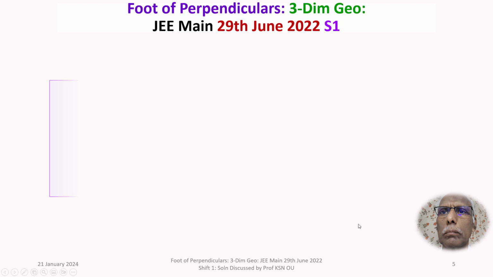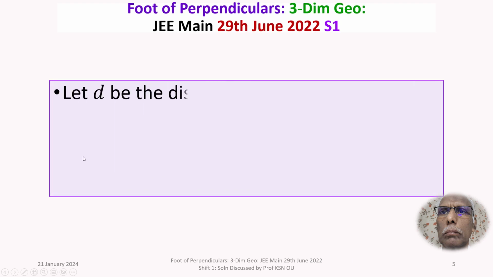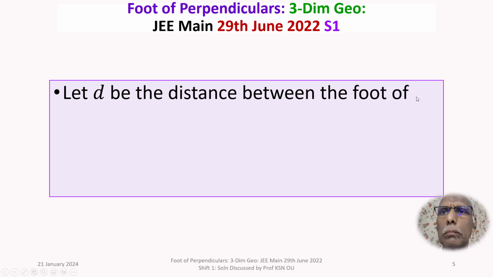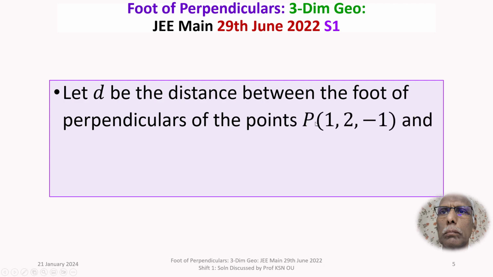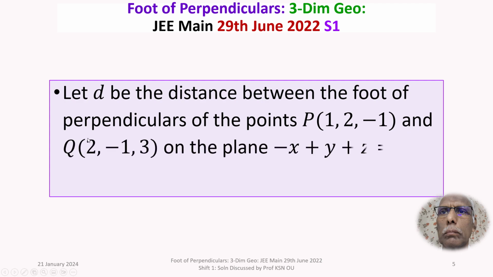The given problem is: let D be the distance between the foot of the perpendiculars of the point P with coordinates (1, 2, -1) and the point Q with coordinates (2, -1, 3) on the plane -x + y + z = 1.